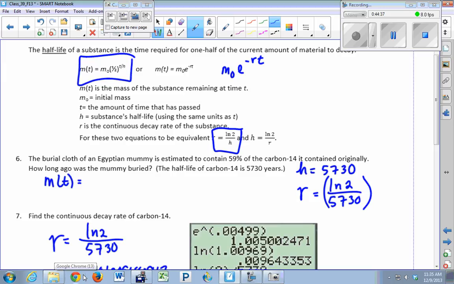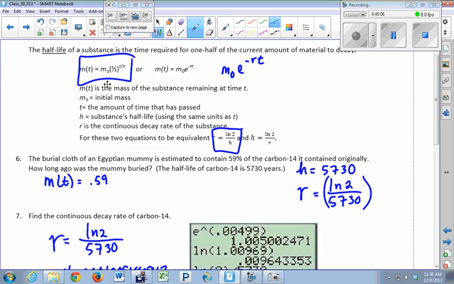Of what? 59% of what? That's just a number. It has to have some units now, folks, right? What was the initial mass? What's the value of the initial mass according to this formula right here?